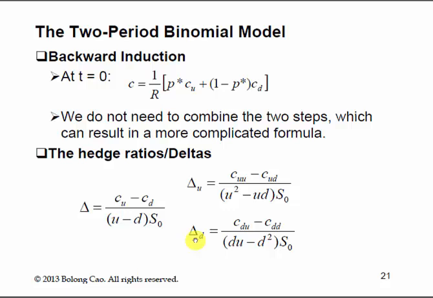If you want to hedge that option, you need to adjust the hedging according to the new delta. So that's so-called dynamic delta hedging, which is one important topic we will explain in chapter 12, in lecture 12.